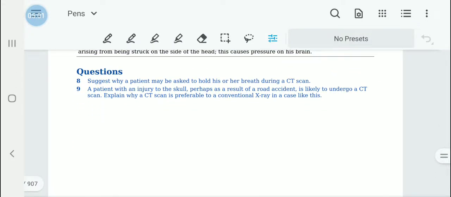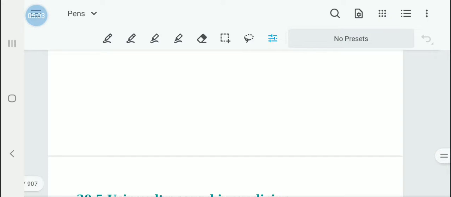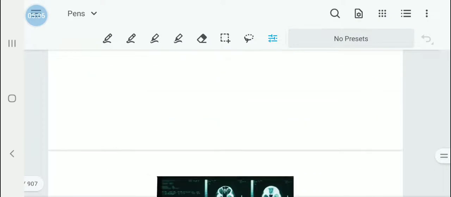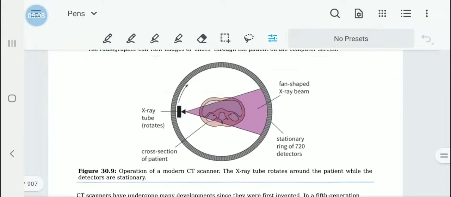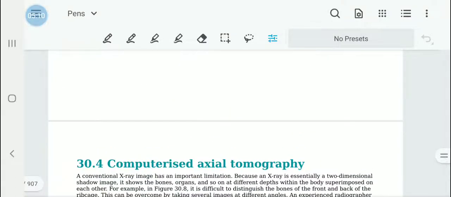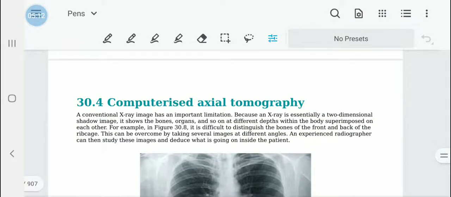So I suggest that you do question 8 and 9, but before that, let's write down a note. Write down computerized axial tomography, within brackets CT scan or CAT scan.